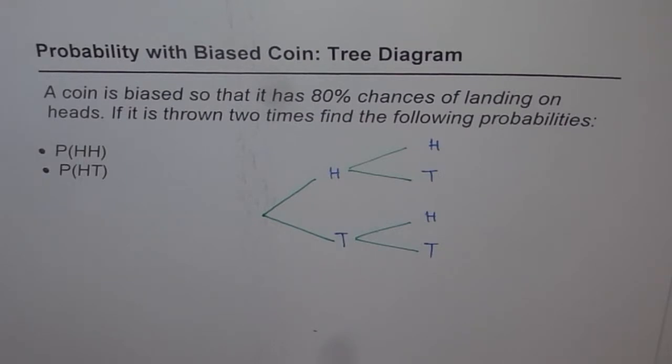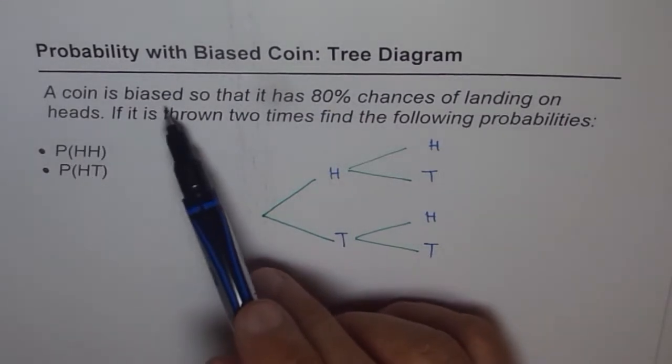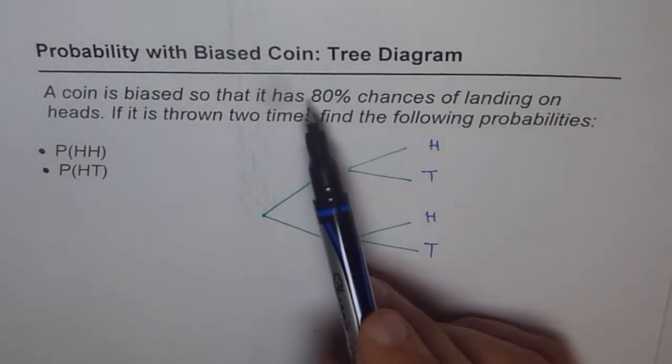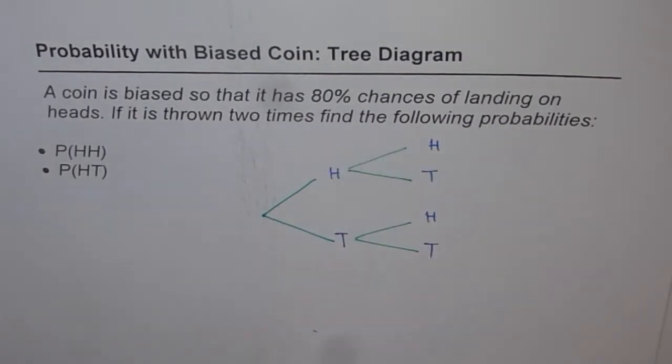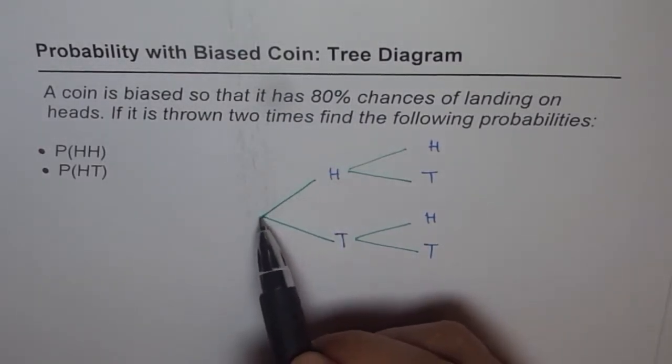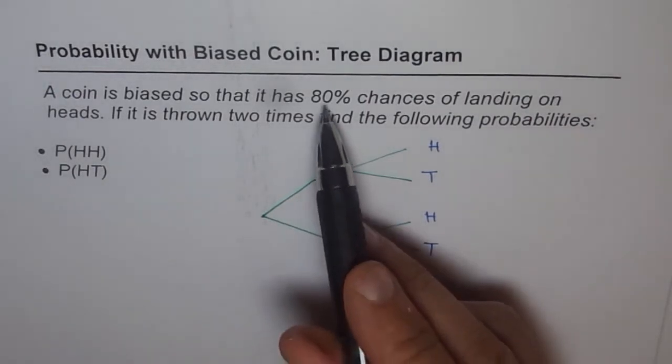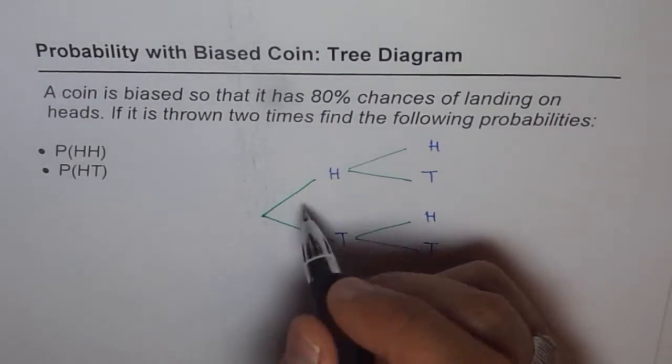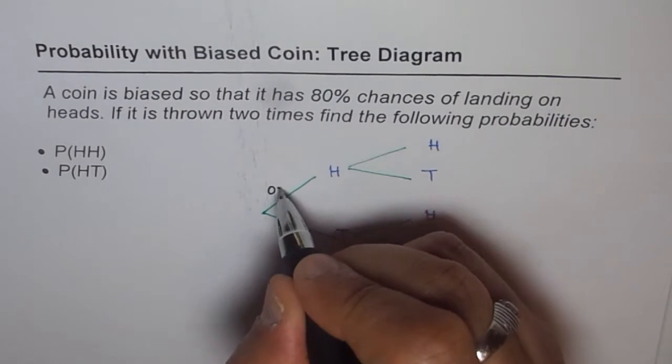But here is a very interesting twist, and that is the coin is biased so that it has 80% chances of landing on heads, right? Now 80% chances of landing on heads. It means that if you throw it, then the probability of getting heads is 80%. So this branch has a probability of 80%.